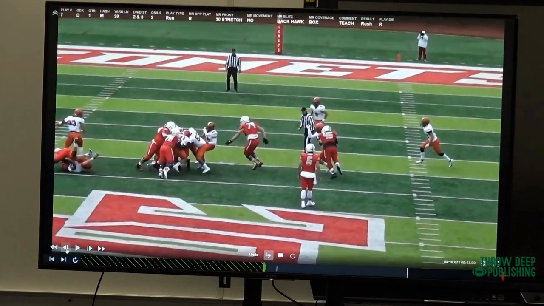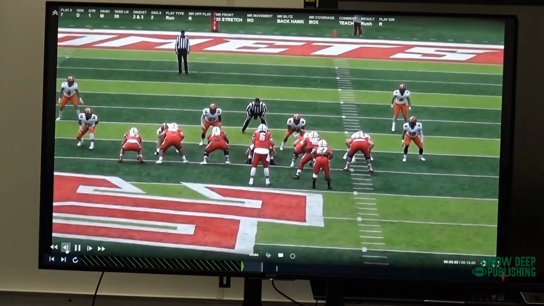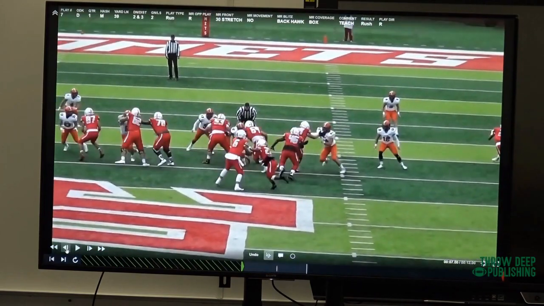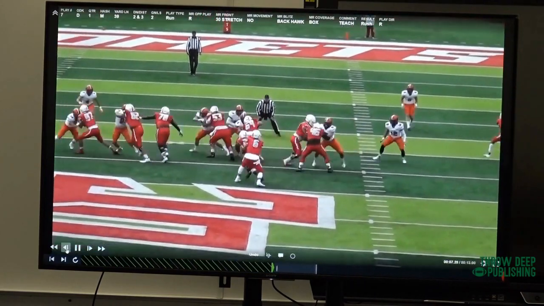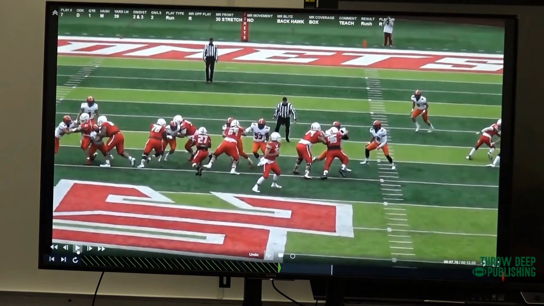Okay? But now, let's watch the backer away from the back. Okay, that guard goes out. So now he's looking to go back to the back side. So you can see right now, okay, we got gapped out, almost, but at least we got a nose in this gap, and we're here, and we're solid.